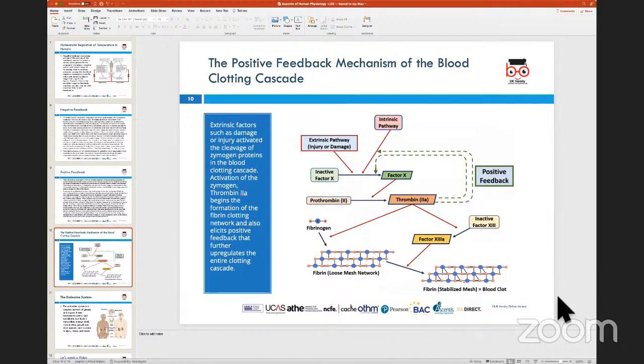Now, what you see on this slide is how the homeostatic process would work.